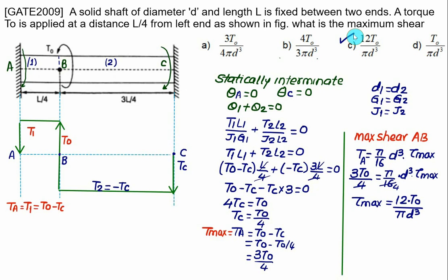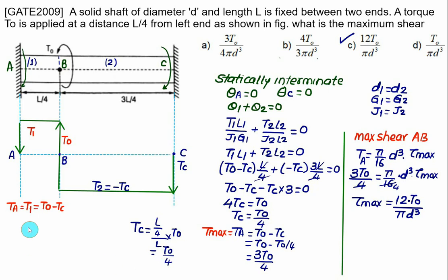Let me give you the idea about the reaction at C. If you want to find it by a quick method, if you satisfy this condition, then it's L by 4 divided by total length L, multiplied by T0. That is T0 divided by 4. This is a quick method.